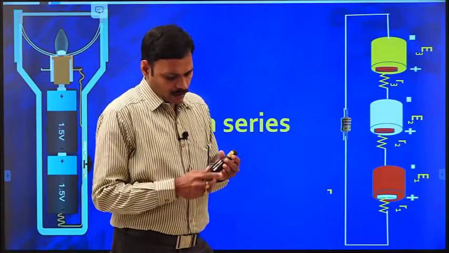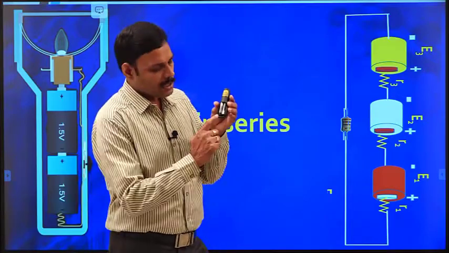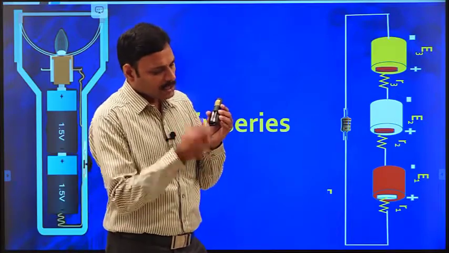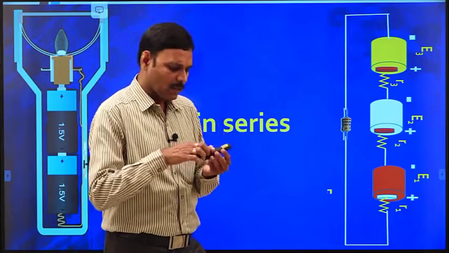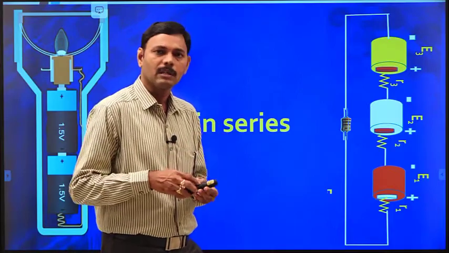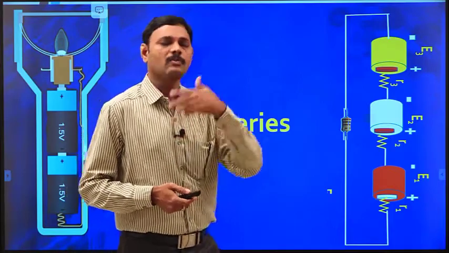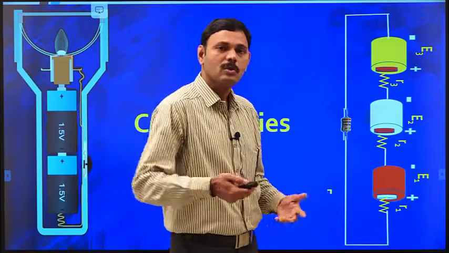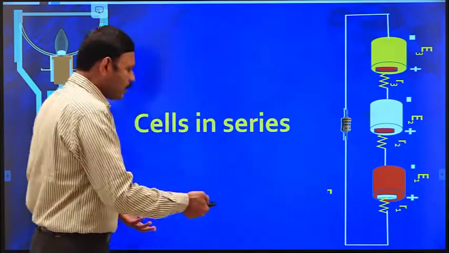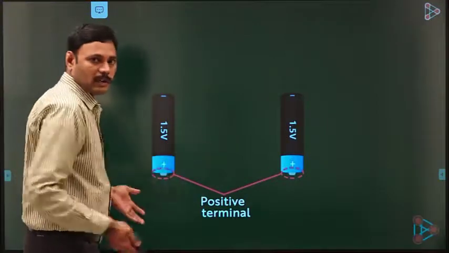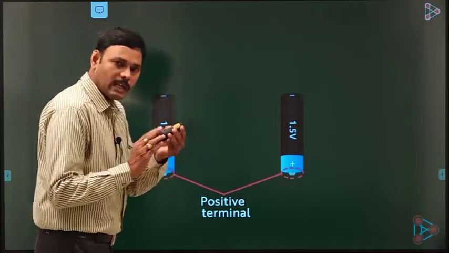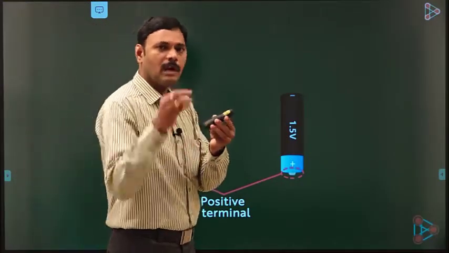Here in this device also we are using two cells, and these are also connected in series. The net voltage given by the combination of cells is the battery, and the net voltage of this battery is 3 volts. So when I press it, it changes the slide, because sufficient energy is provided by the combination of cells.